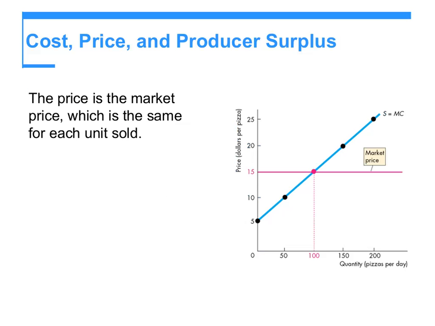Look at here. It's a typical linear supply curve, and supply function. The price is the market price, which is the same for each unit sold. So at the price of 15, we are willing to sell 100 pizzas per day. And the market price, as you can see, is 15. So you are willing to sell even at 10 and still make 50, and so on.